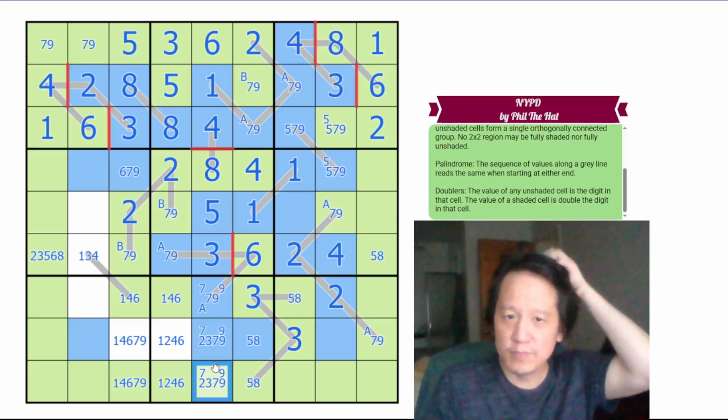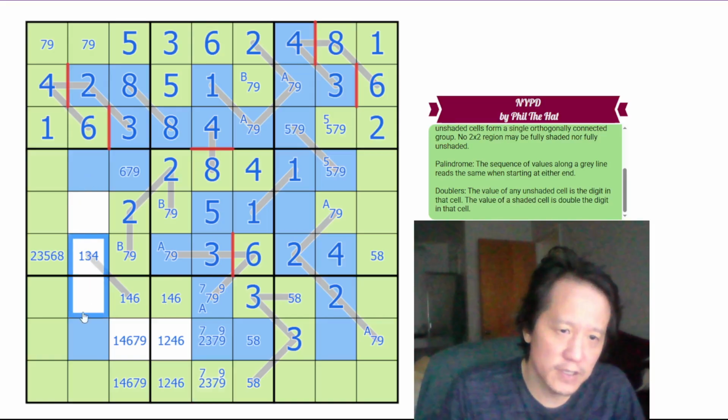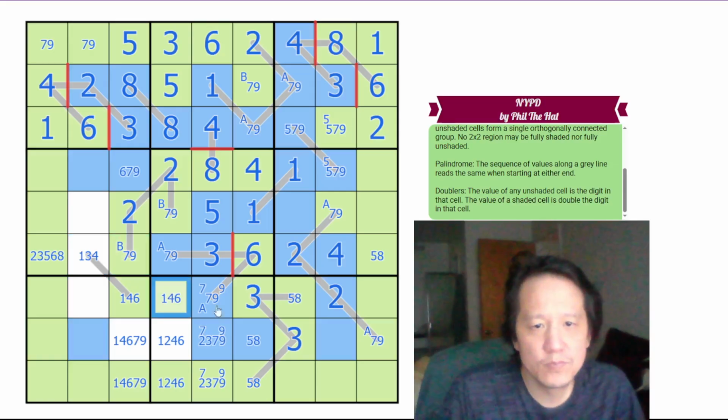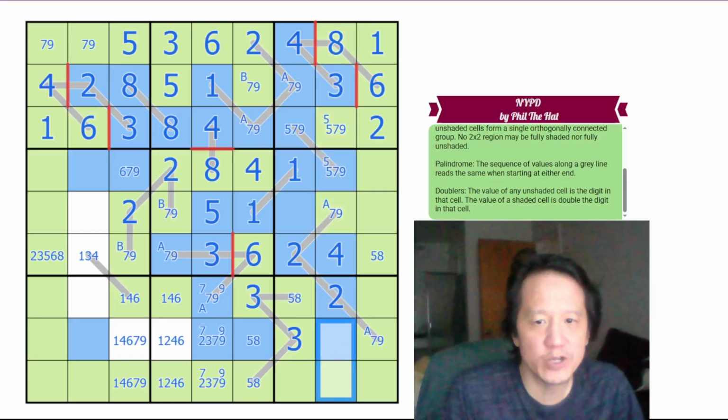Okay. If this is blue, it has to connect. We have a 5, 7, 9 triplet actually in column 8, which eliminates 5, 7, and 9 in the rest of the column. We need 1 and 6 left.